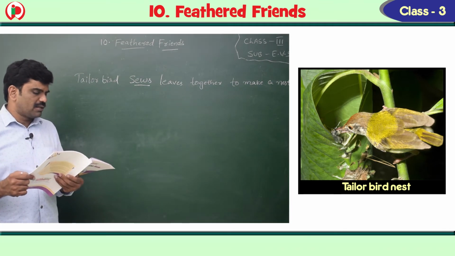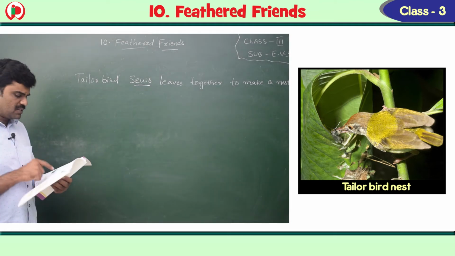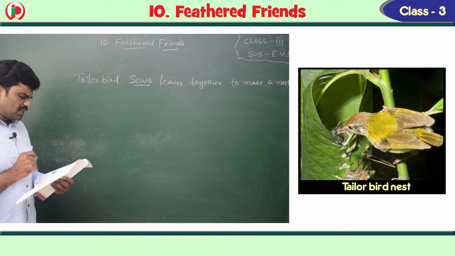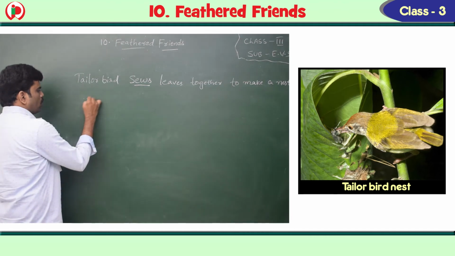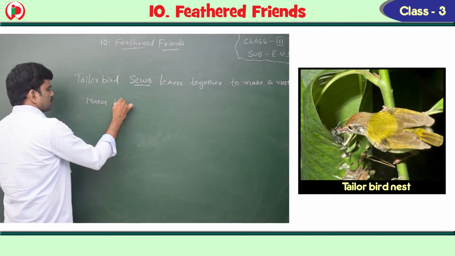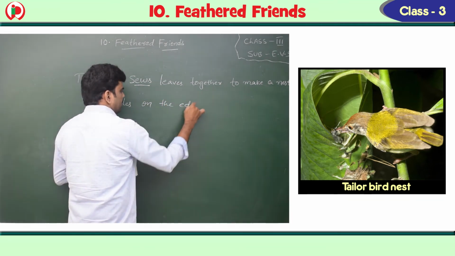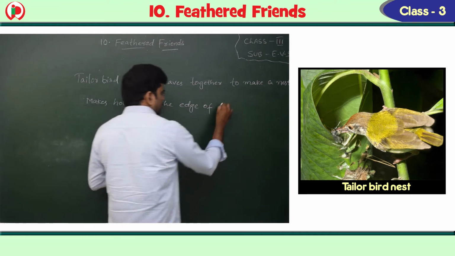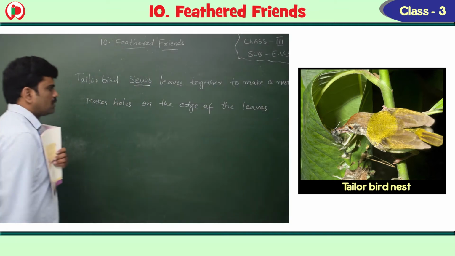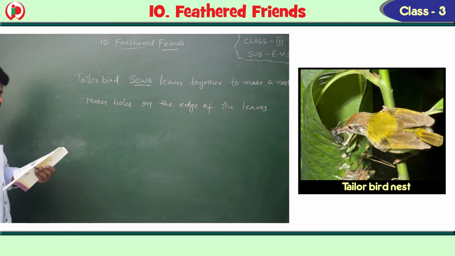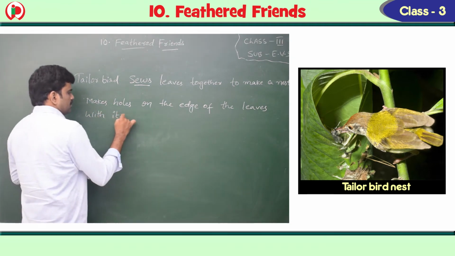It makes holes on the edge of the leaves. How does it sew the leaves? It makes holes on the edge of the leaves with its fine beak.